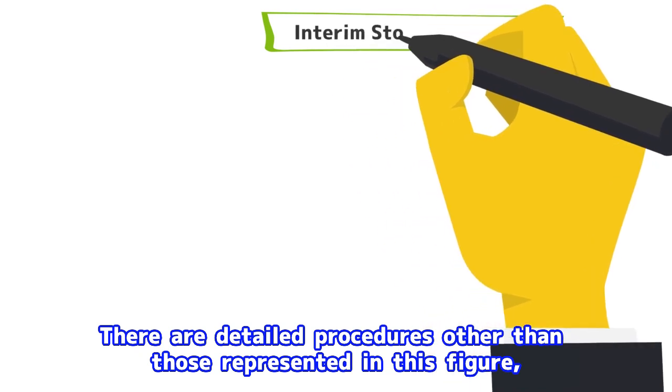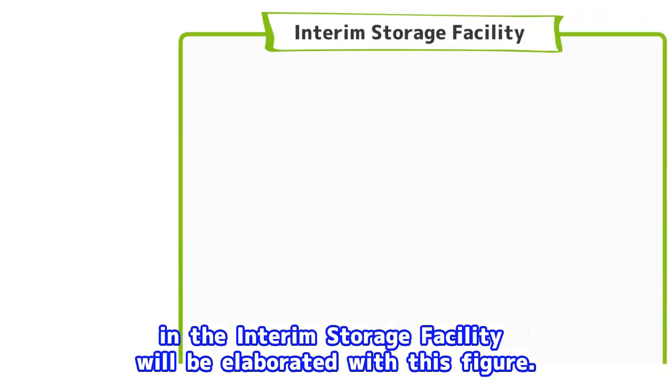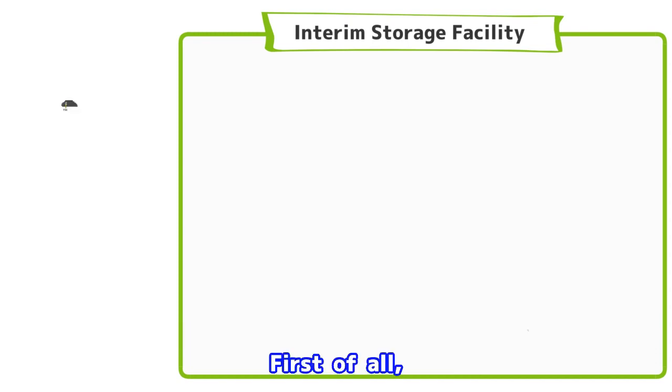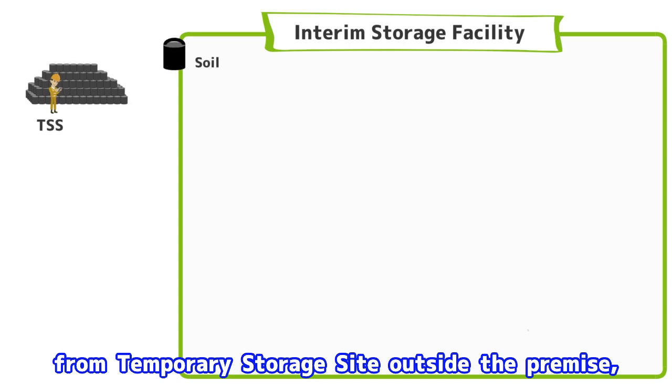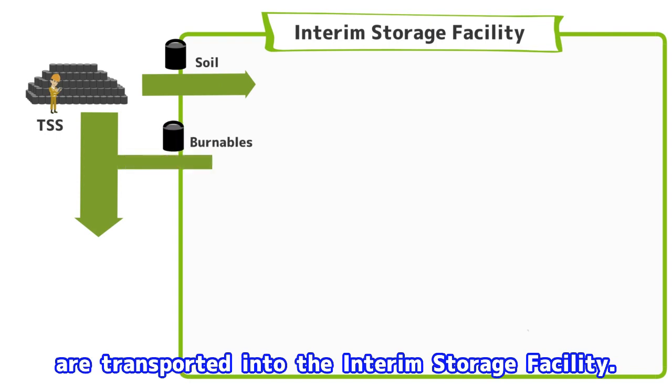There are detailed procedures other than those represented in this figure, but major procedures for treatment of soil and waste in the interim storage facility will be elaborated with this figure. First of all, from temporary storage sites outside the premise, soil and burnables, including grass and branches, are transported into the interim storage facility.